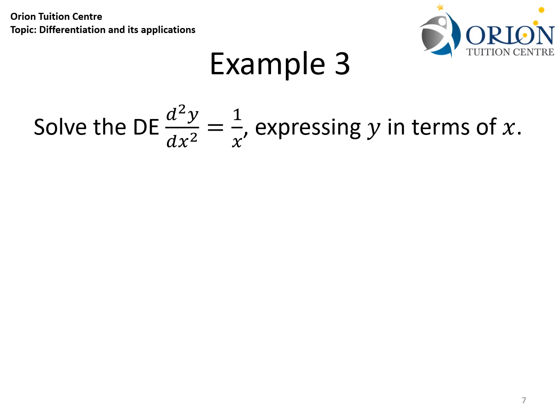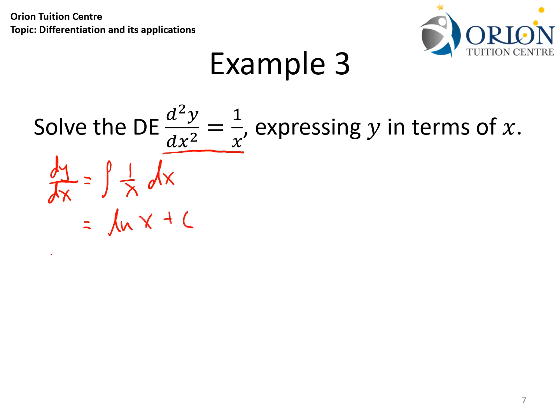In example 3, we are asked to solve this second order ODE. So let's perform double integration. The first integration will give us dy over dx, which is equal to the integration of 1 over x dx. And integrating this gives us ln x plus c.